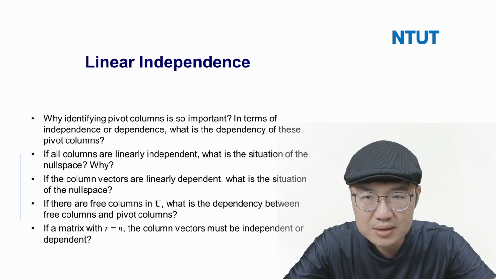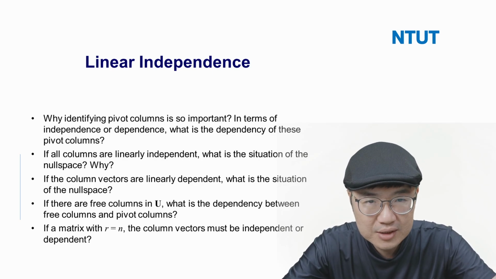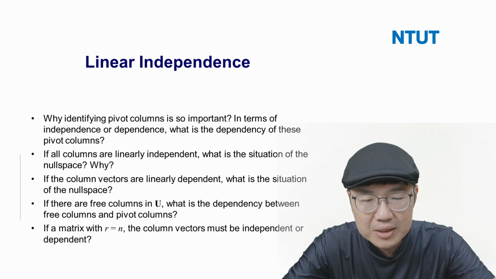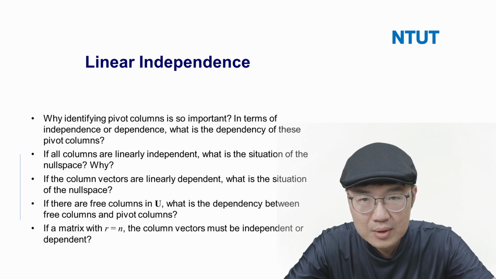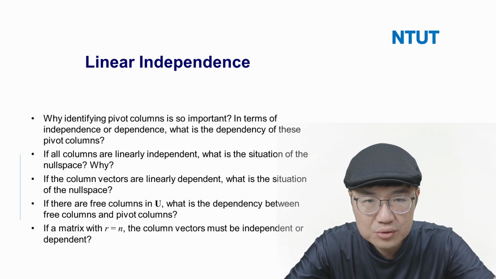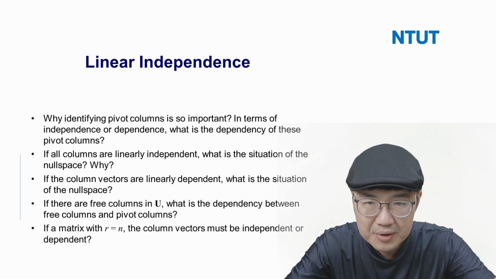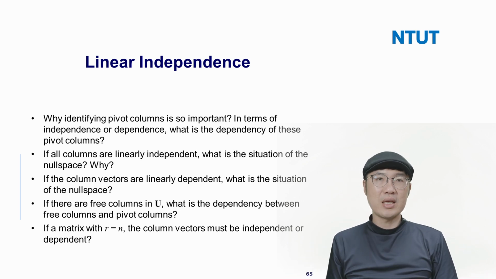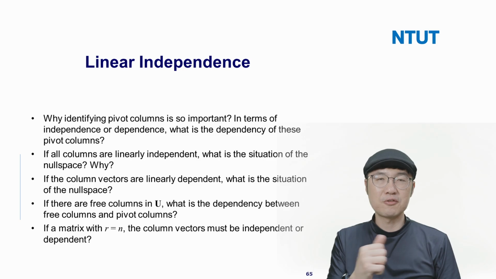The next one is, if the column vectors are linearly dependent, what is the situation with the null space? There must be a non-trivial one. And if there are free columns in U, what is the dependency between free columns and pivot columns? We can express the pivot in terms of free columns, in terms of free variables.